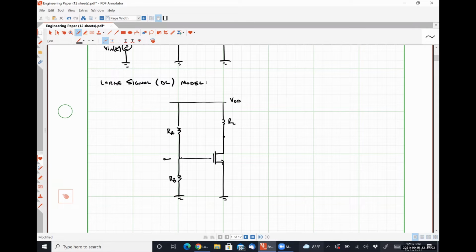Here's our open circuit for our transistor, and then here's our input resistance, R sub N.